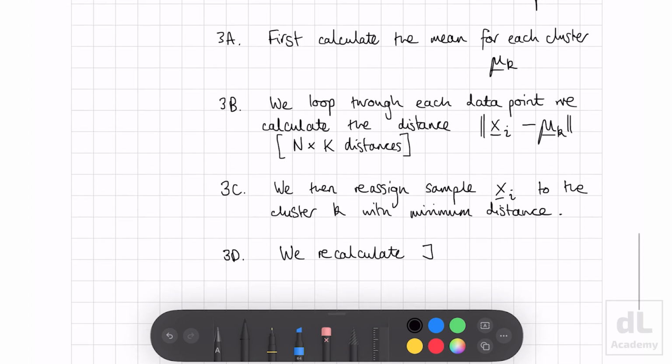So what we mean by loop is we're now going to just repeat this. We'd set some threshold on how much we'd expect J to improve. If it doesn't improve, then we stop. But if it looks like it's improving, we'll go through repeated loops of this step until we get the answer.